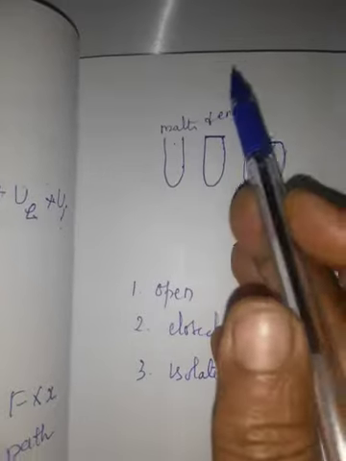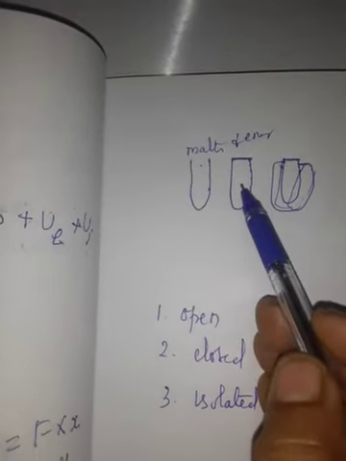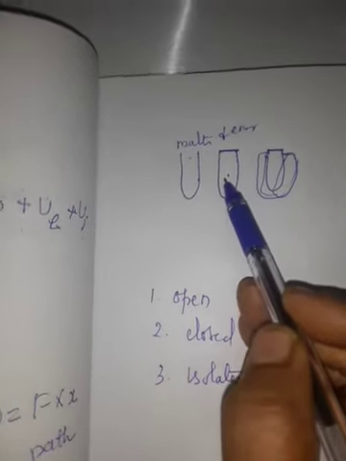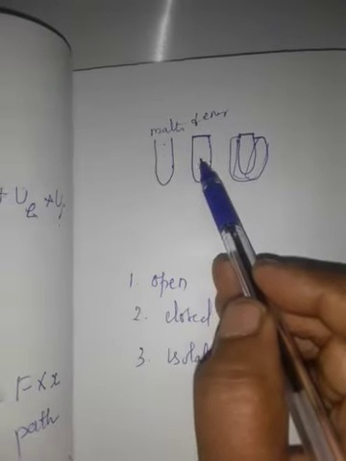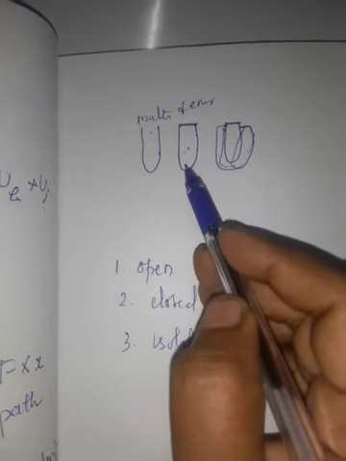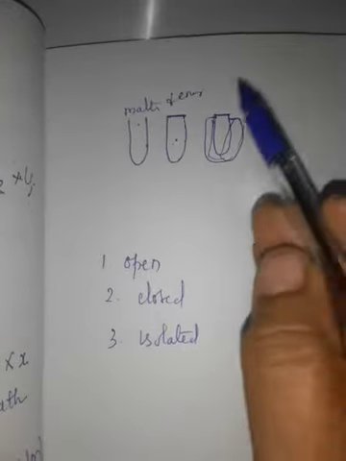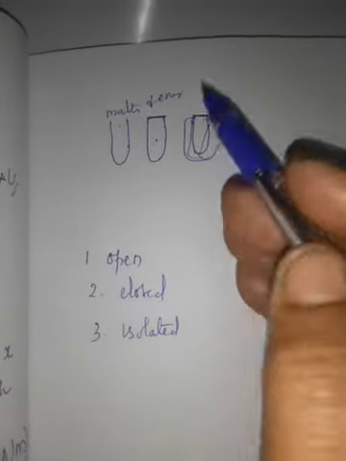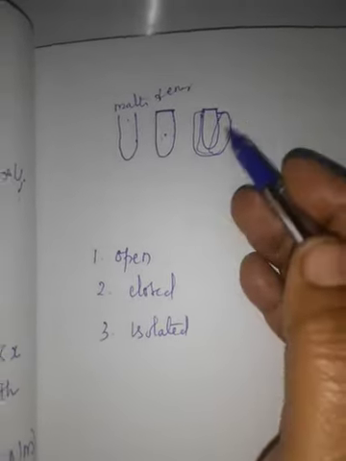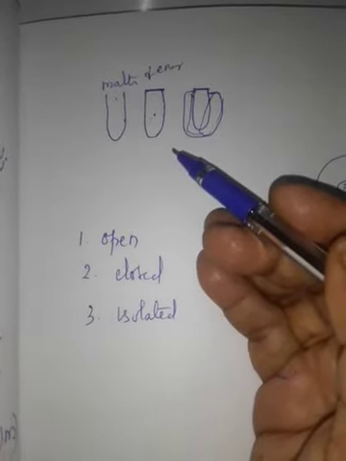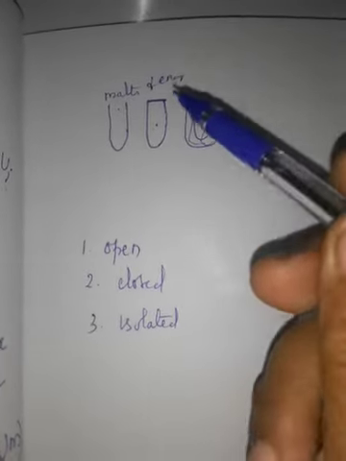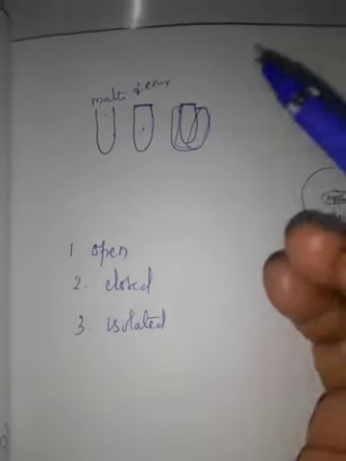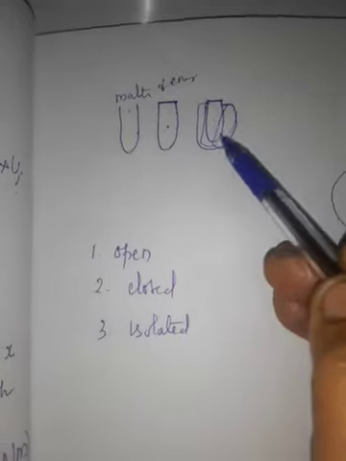Now, a closed system can exchange only energy, not matter. That is hot water contained in a closed beaker. Heat only is transferred to outside, not the water moving outside. Then an isolated system can neither exchange matter nor energy. For example, a thermos flask. Heat and matter will not come outside. That is called an isolated system. Open, closed, isolated.